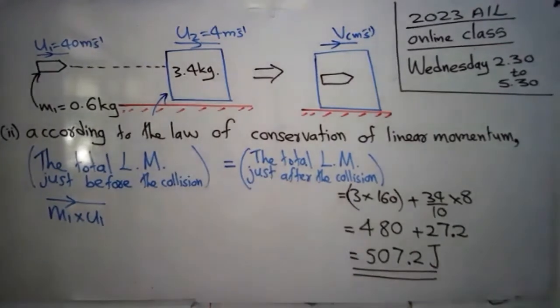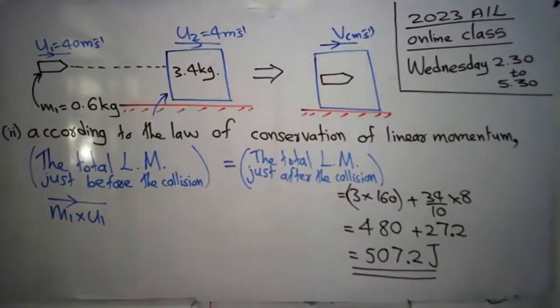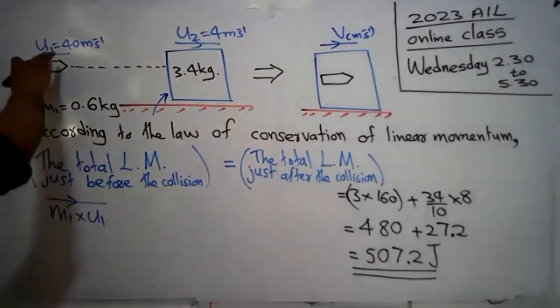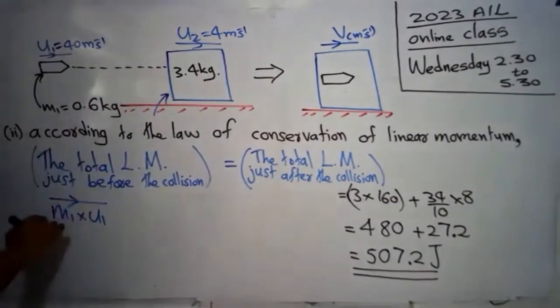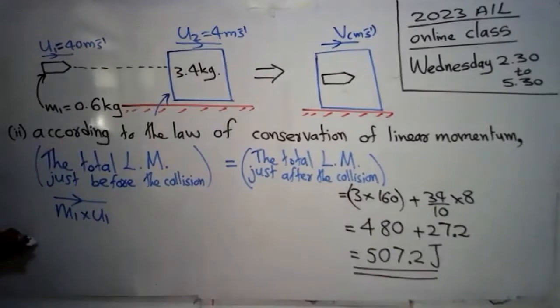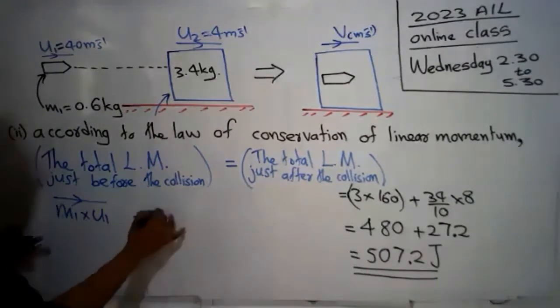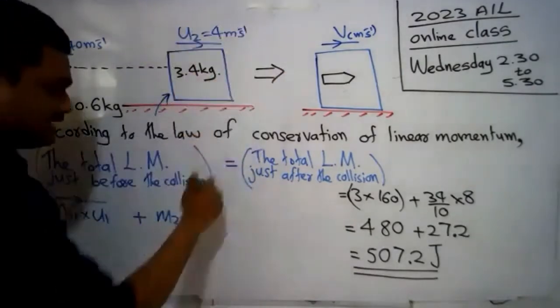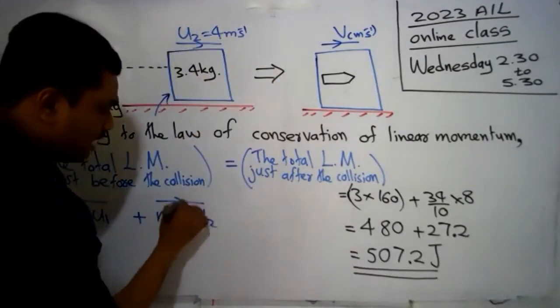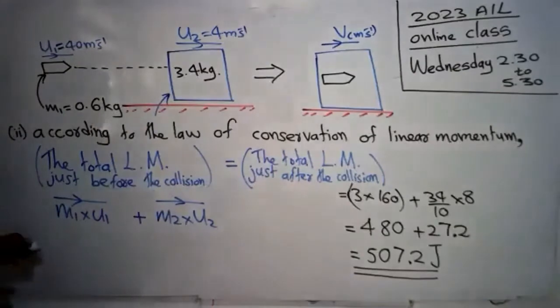Linear momentum is a vector. It has a direction, the direction of its velocity. Plus the linear momentum of the second object, m2 into u2, also to the right. So let's mark the direction like this.